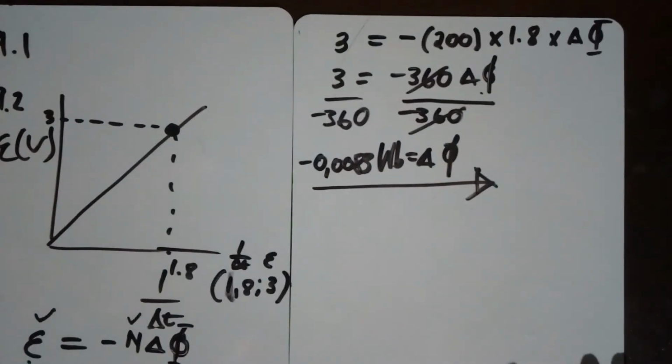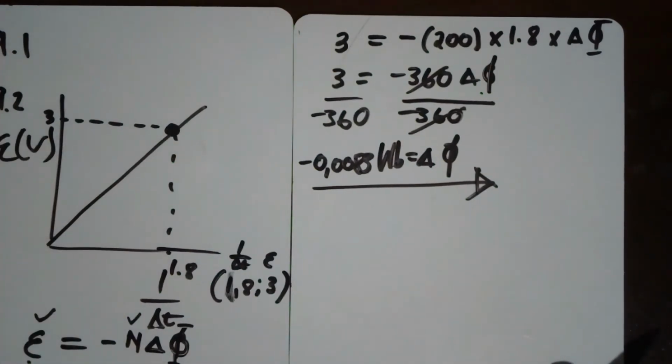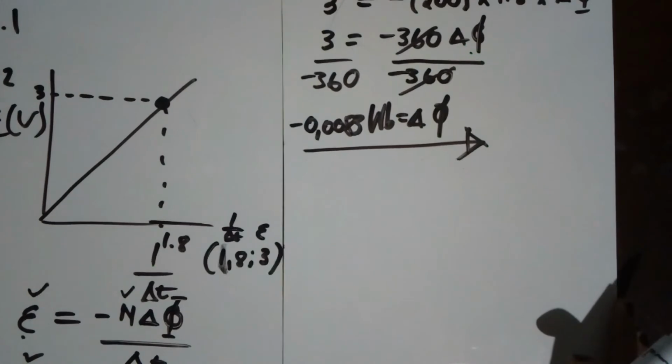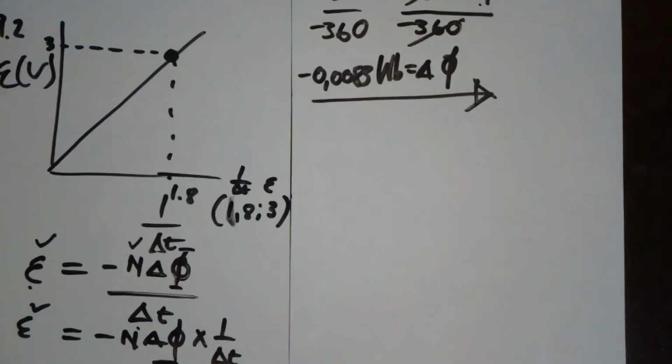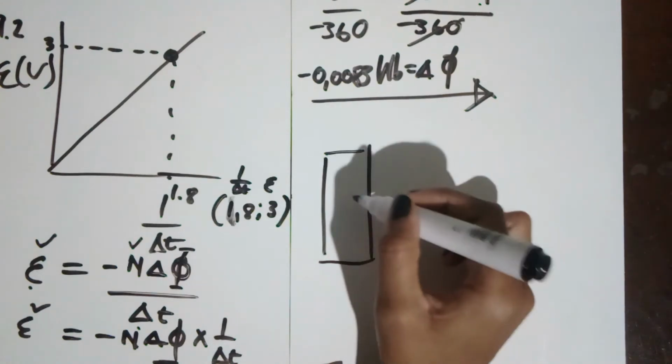And now the question continues to say that the coil is rotated at an angle theta to a position where the magnetic flux becomes 0. So I'm going to try to illustrate what it is that they are referring to. So remember, initially you have your south pole.